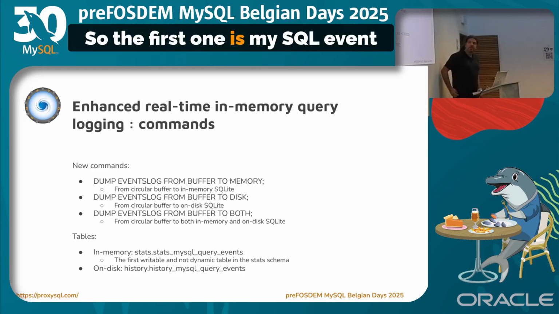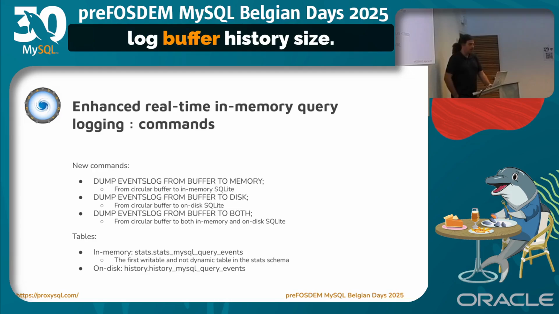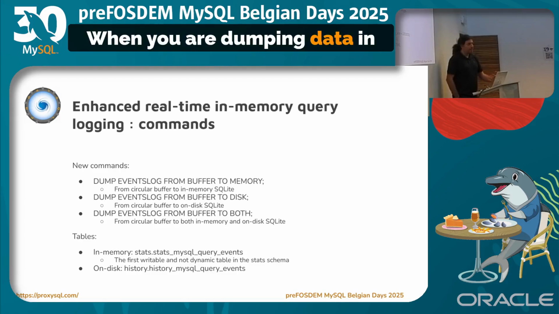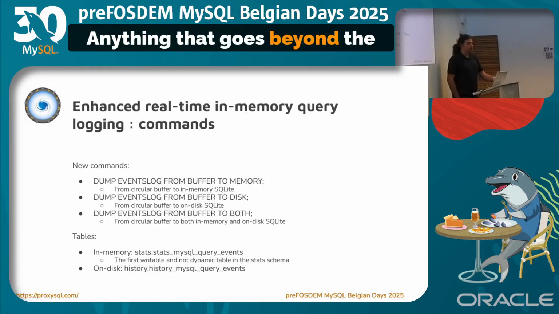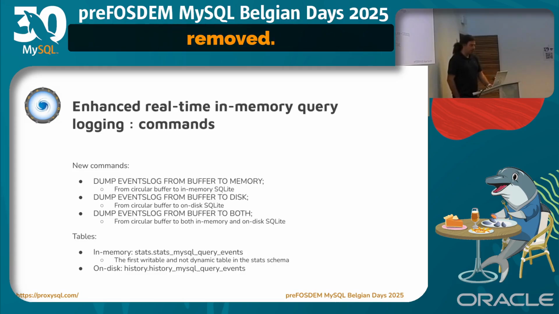Specifically, there is a bunch of new variables for these features. The first one is mysql-eventslog_buffer_history_size, that is basically the size of the circular buffer. Then the table memory size: when you are dumping data into a memory table, you specify how many rows this table can hold. Anything that goes beyond that threshold is automatically removed.